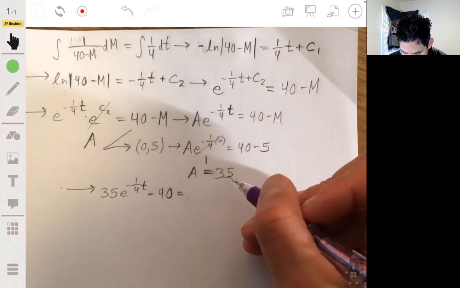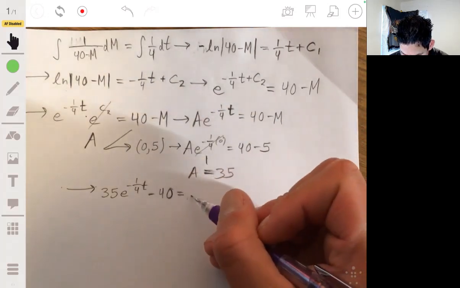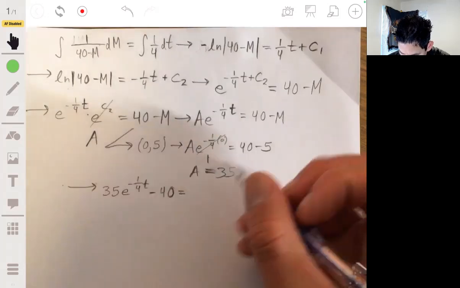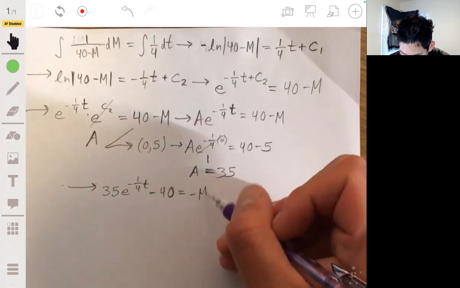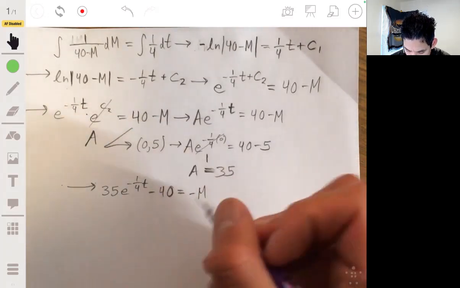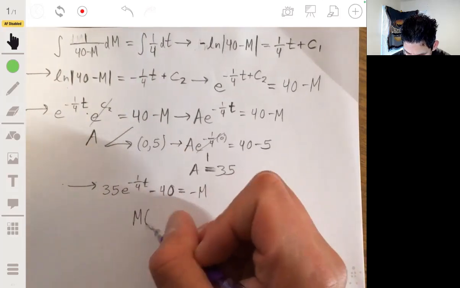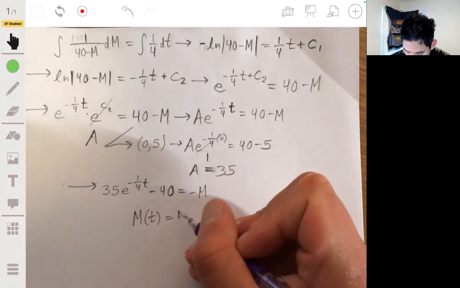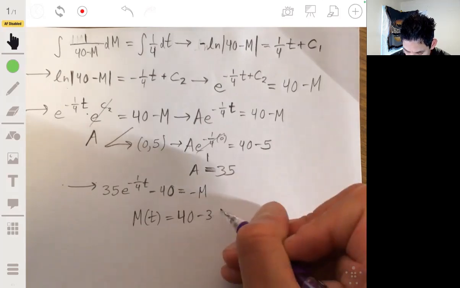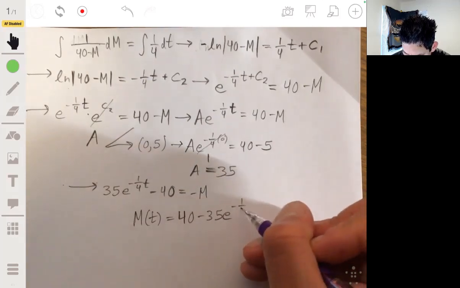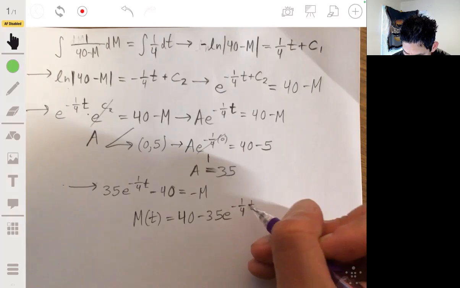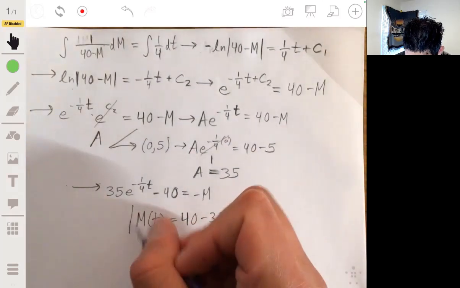Okay, anyways, here we go. So negative m, and then switch it: 40 minus 35 e to the negative 1/4 t equals m. M of t equals 40 minus 35 e to the negative 1/4 t. That should be your acceptable answer.